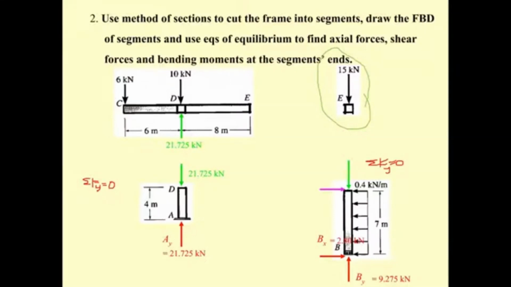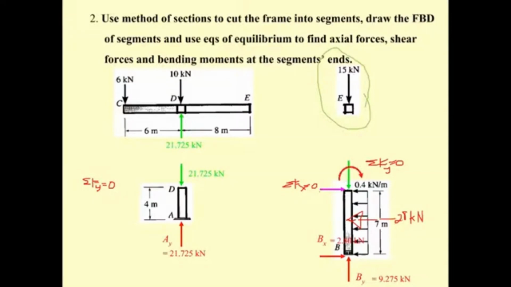And for this one, if you take summation of F sub x equal to 0, you get this equal to the resultant force of this, which is going to be, if you remember, 7 times 0.4, that is going to be 2.8 kilonewton. And if you take summation of F sub x equal to 0, the B sub x and this one are going to eliminate each other, so the force here is going to be 0.